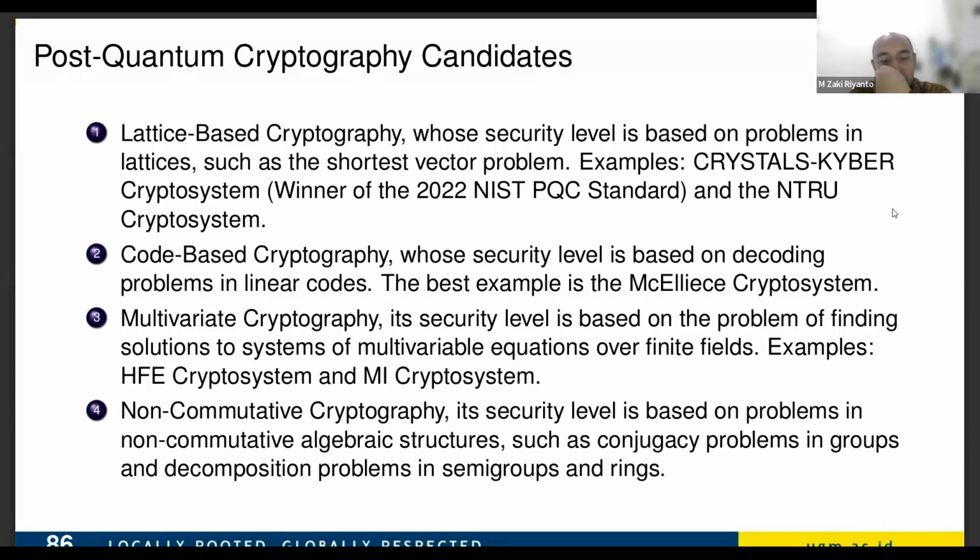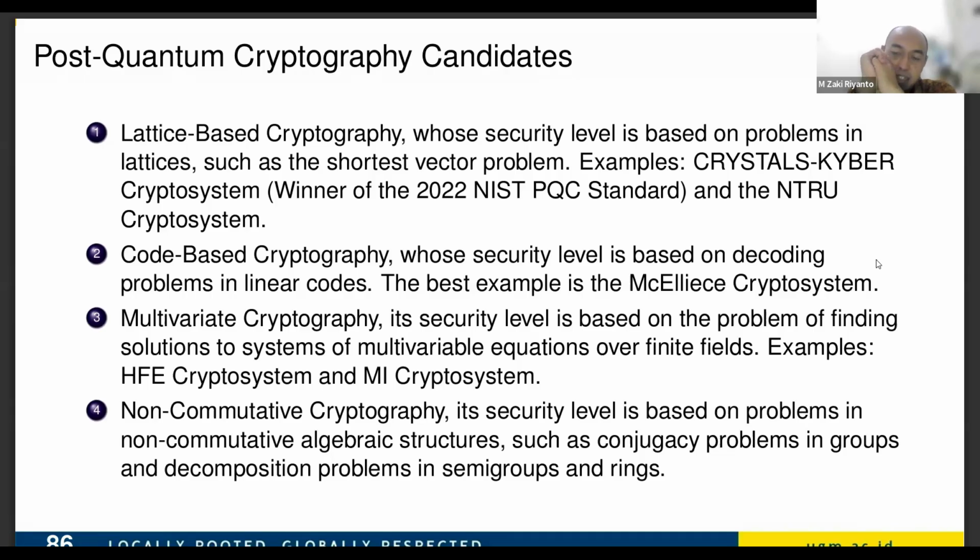And the other system is NTRU. I think that Mas Ali knows it very well. There is also code-based cryptography, a cryptosystem whose security is based on a hard problem in coding theory, like the McEliece cryptosystem, which is based on the decoding problem of a linear code.